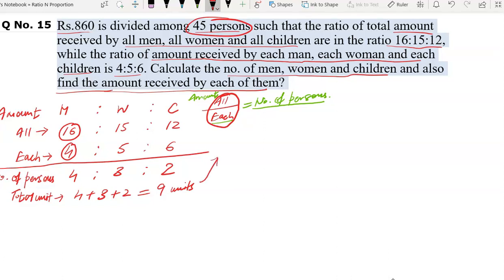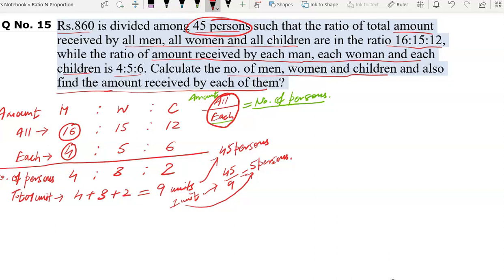So 9 unit represents 45 persons. So 1 unit will represent how much? 1 unit will represent 45 by 9 is equal to 5 persons. So 1 unit represents 5 persons.